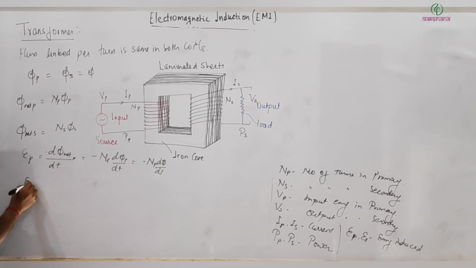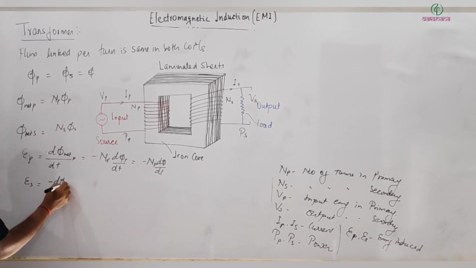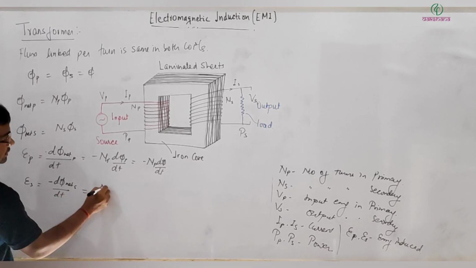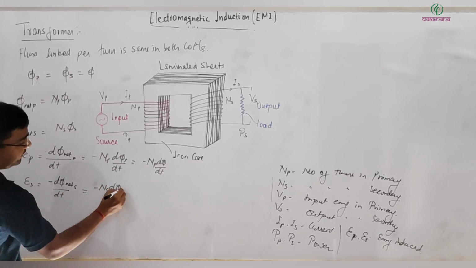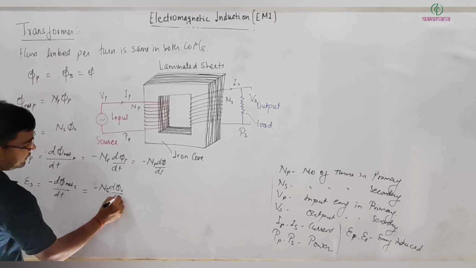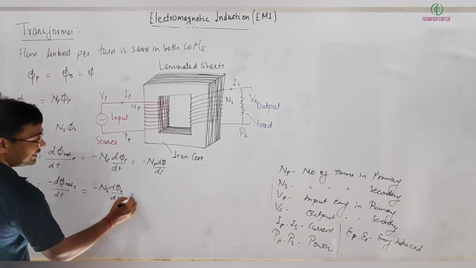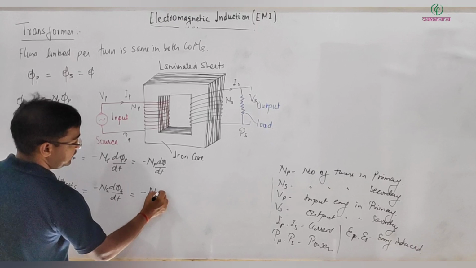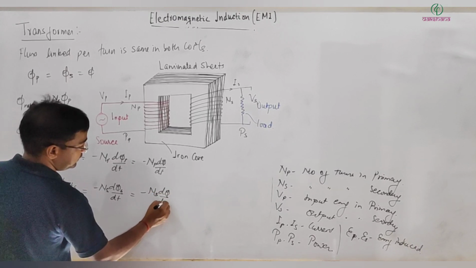Similarly, the EMF in the secondary coil is minus d phi net in secondary divided by dt, which is minus NS d phi S by dt. That can also be minus NS into d phi by dt.